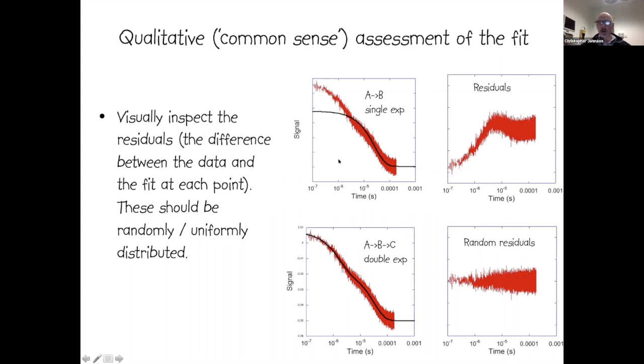So you can see with that example, when we're fitting this data to a single exponential function, the residuals are large and they vary in a systematic way. If we add in an additional exponential function, so we're now fitting this to a double exponential, you can see that the residuals then are randomly distributed around 0. So residuals should always be randomly and uniformly distributed in the case of a good fit.